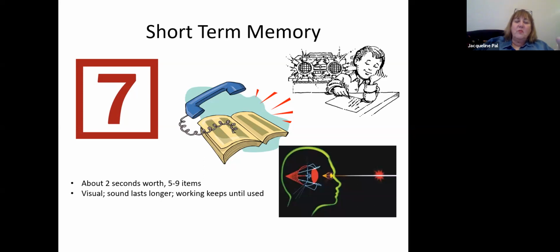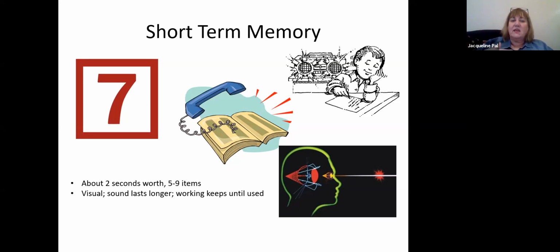Now, short-term memory, we tend to do a lot of short-term memory, but what I want you to realize is sound memories last longer. And this is part of the reason, especially with my labs, I'm always saying, say the words out loud, because that will create a longer memory. And you can keep on working this until you use it. So the whole time you are writing and doing the exercise, say the important words out loud.